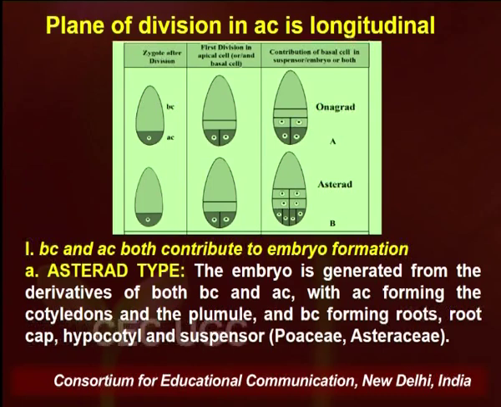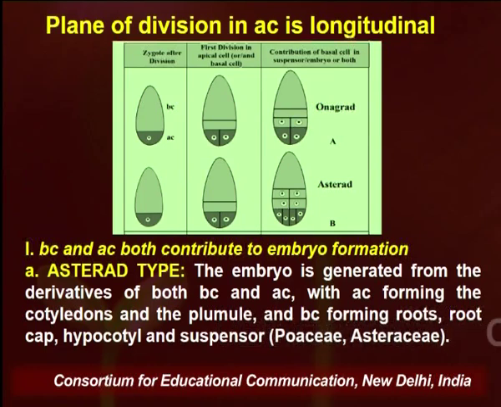So, in asterad type of embryo formation, the embryo is generated from the derivatives of both basal cell and apical cell, with the apical cell forming the cotyledons and the plumule, and the basal cell forming roots, root cap, hypocotyl and suspensor. Asterad type of embryo formation is seen in Asteraceae and Poaceae family.